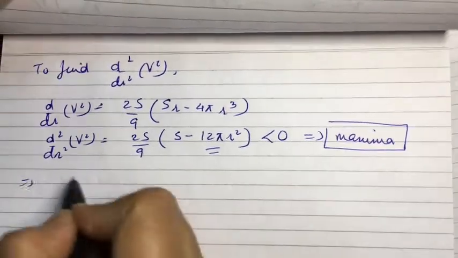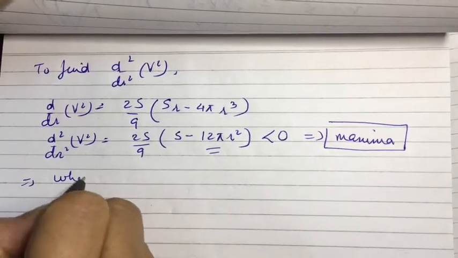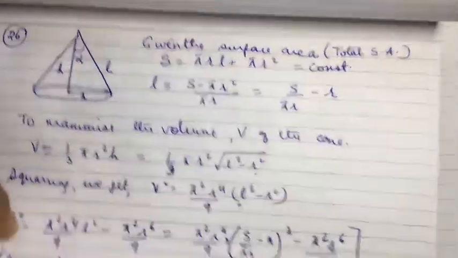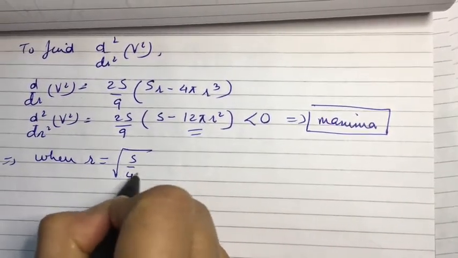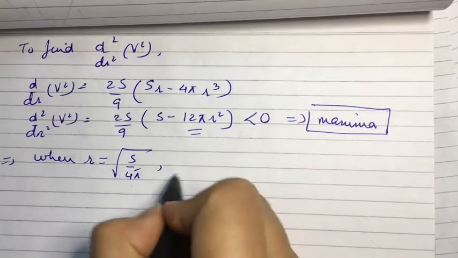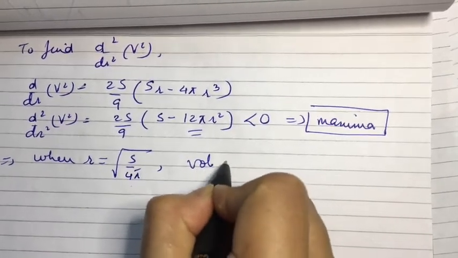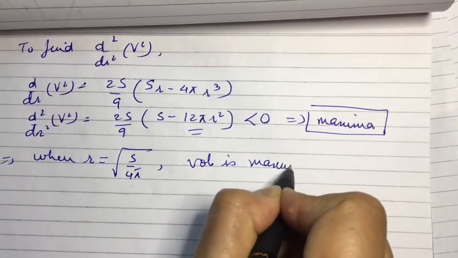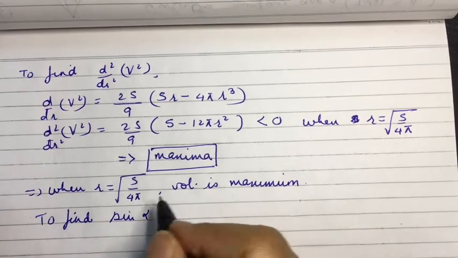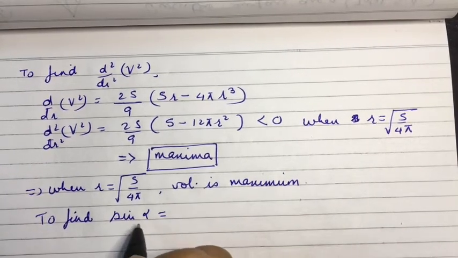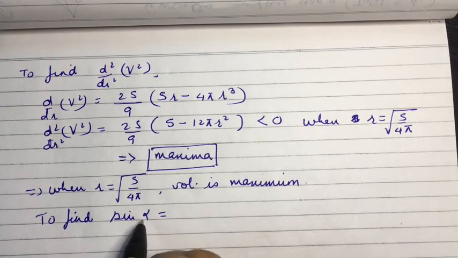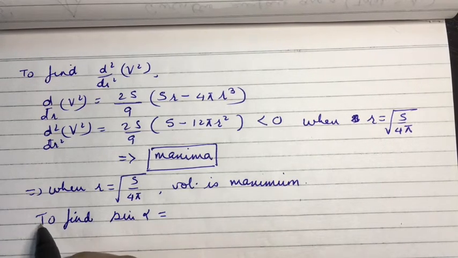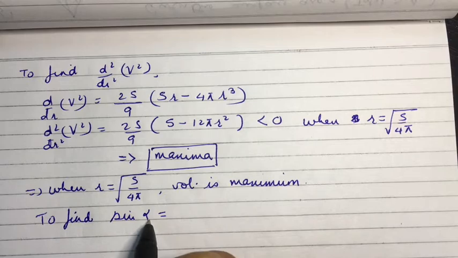It implies that corresponding to when r is equal to under root of s over 4 pi, we get volume is maximum. Now we have to find the value of alpha in terms of sine inverse, and so we find sine alpha first.